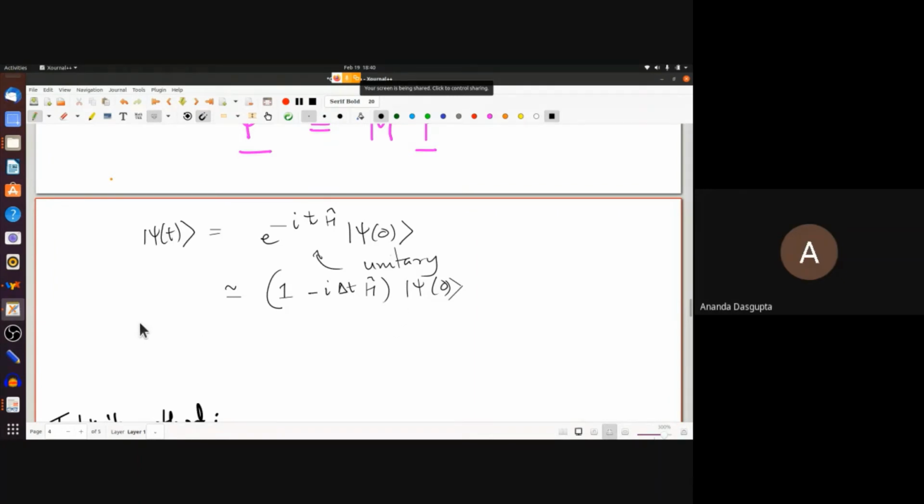But notice what happens when you do this. This thing is unitary only to first order. This thing is exactly unitary. This one is not. And because this is not unitary, it's not going to preserve norm. In fact, if we were to use this approximation, it's very easy to see what is going to happen.